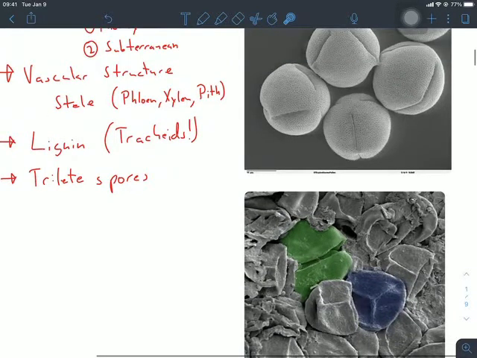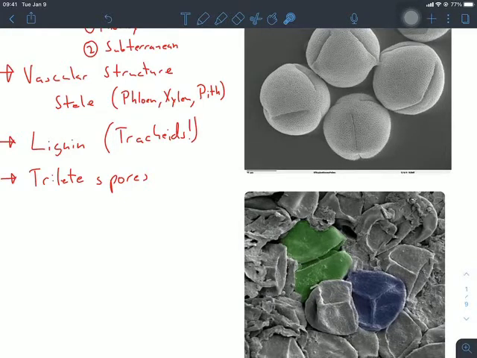Now, you'll notice that there are differences in the way these grooves are made, but the fact that they have edges of the cell wall that pinch up against other cells and form these particular grooves is evidence of the fact that they grew up against each other, they developed against one another, and had a very tough exterior.